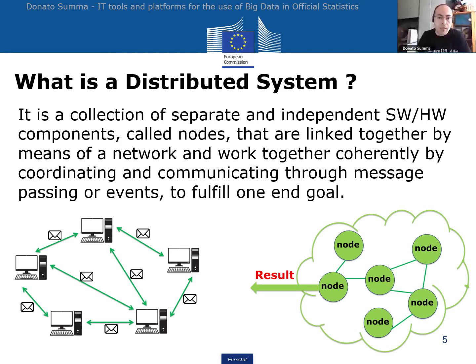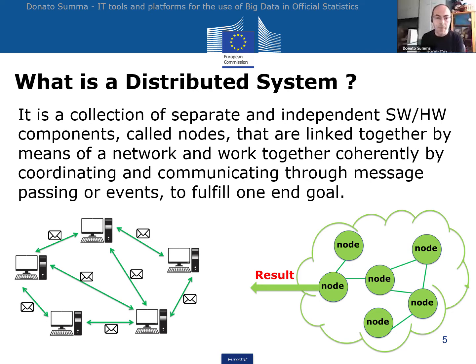A distributed system basically is a collection of separate and independent software or hardware components called nodes. The nodes are basically computers, and these computers are linked together by means of a network and work together coherently by coordinating and communicating through message passing or events to fulfill one end goal.